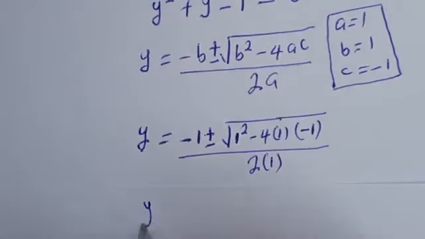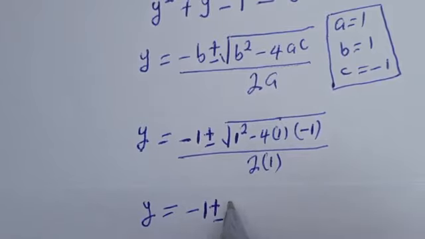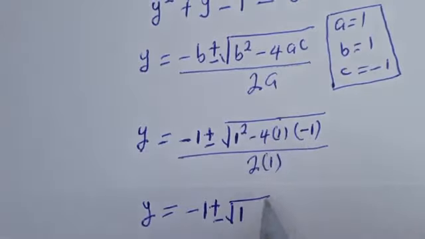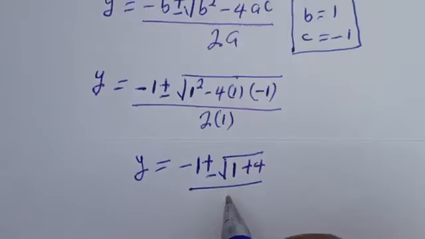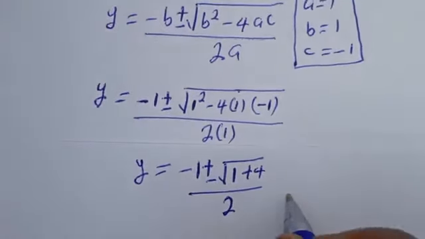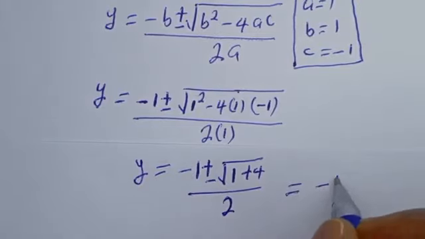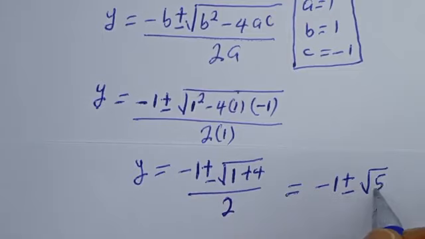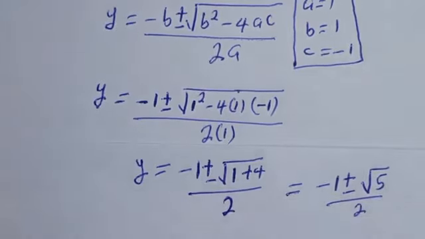Then y is equal to minus 1 plus or minus square root of 1 square, that is 1, minus 4 times 1 times minus 1, that is plus 4, over 2. Then this is equal to minus 1 plus or minus square root of 5 over 2.